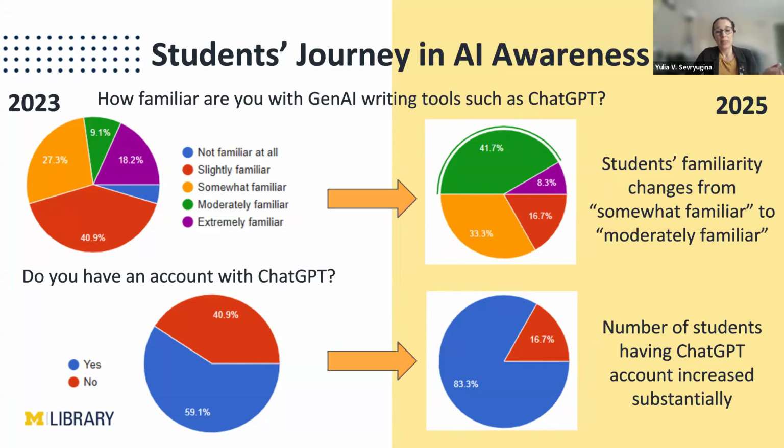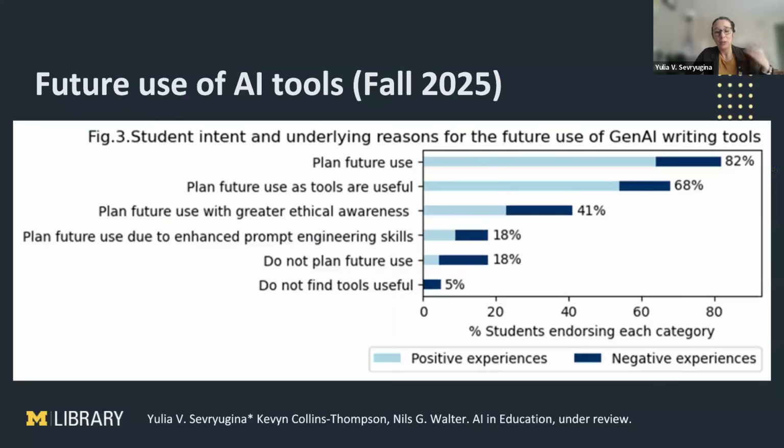And that basically tells us this technology is here to stay, and students are very familiar with that. And when we ask them whether they're going to use these tools in the future beyond our class, the majority of students, 82%, said that yes, they are planning to use it in the future.